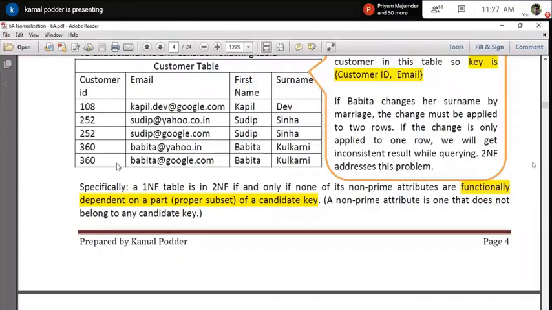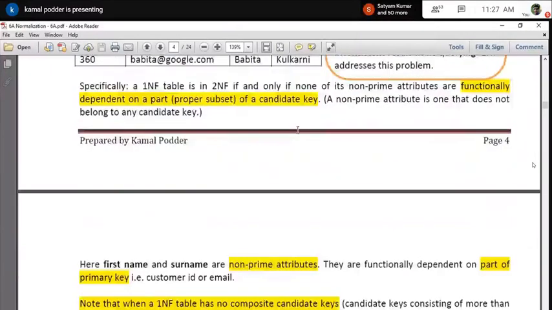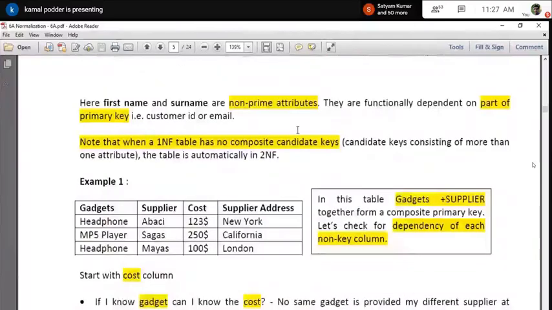If there is a chance of this problem, then you apply the second normal form. That is the only indication: if after achieving the first normal form you find that a non-prime attribute depends upon part of the prime attribute, not the whole, then there is a chance of problem, and you have to apply the second normal form.